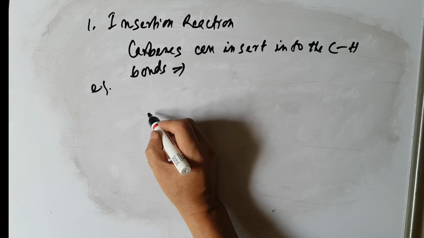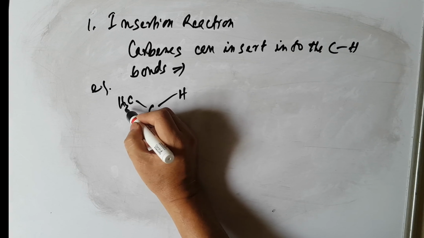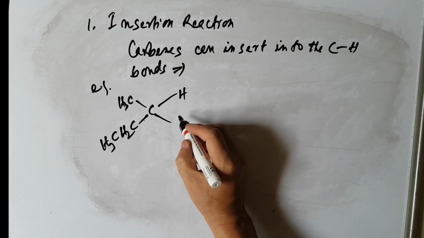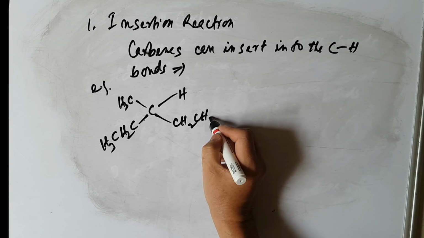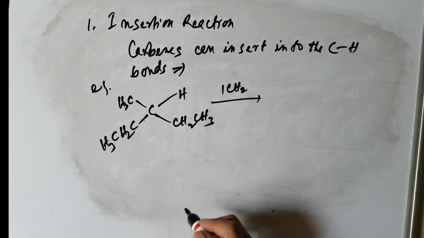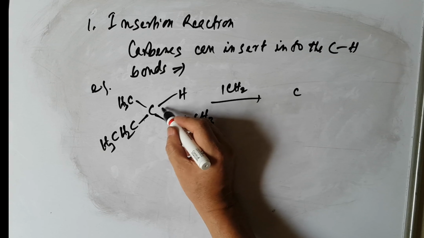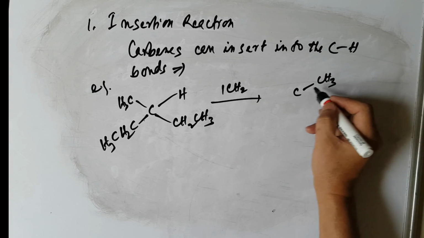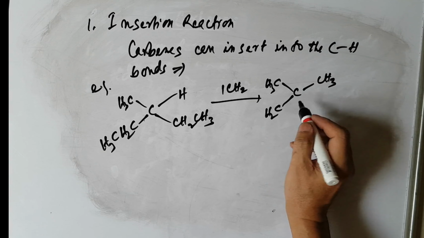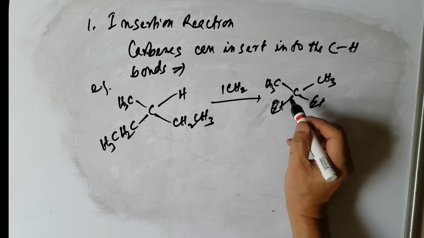For example, let's say hydrogen here, CH3 here, another ethyl group here, CH2CH3, another ethyl group here, CH2CH3. When you react with methyl carbene, you can insert it in between this C-H bond, and you can have CH3 and another ethyl group, CH2CH3.